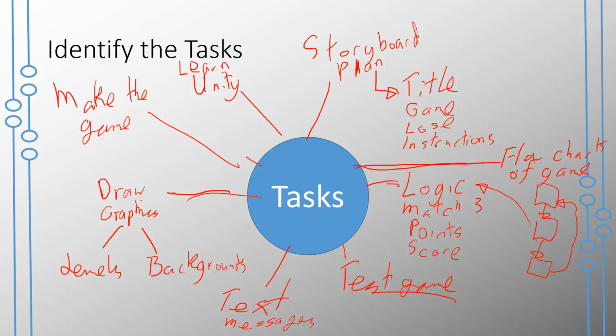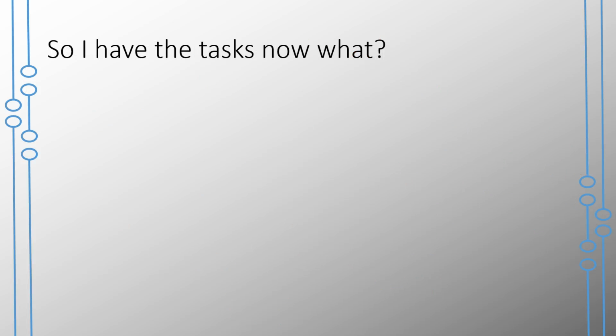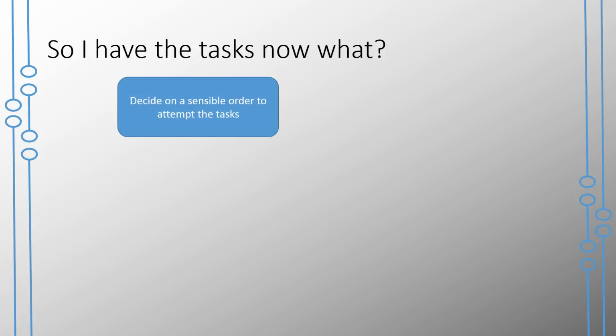with our game. And then what we need to do is go on, so we've got these tasks, now what do we need to do? First thing I need to do is think of a sensible order that I can attempt all these tasks, what I'm going to do, why, how long, think about how long each task is going to take.